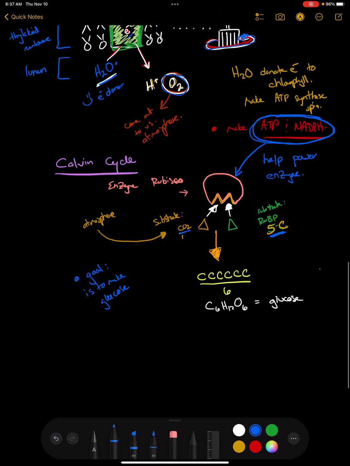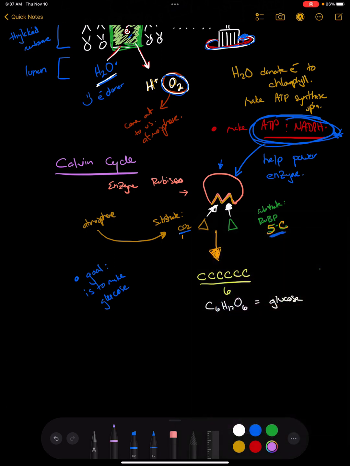I'm going to use both of those, right here, to power this enzyme right here, because this enzyme is going to take in the CO2, he's going to take in the RuBP, force them together. I get a 6-carbon molecule, that's my glucose.